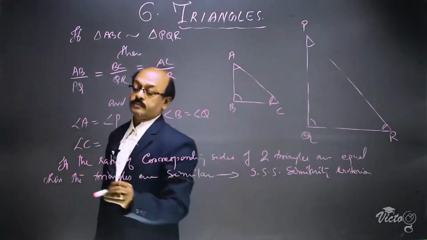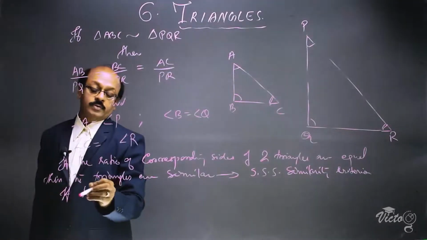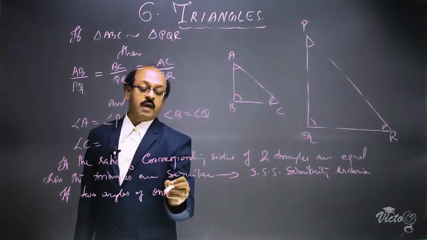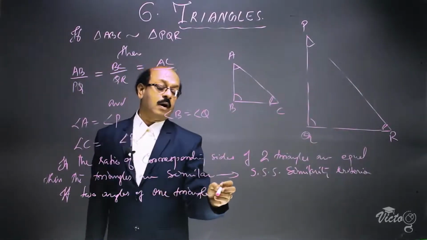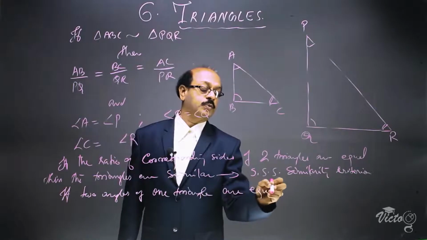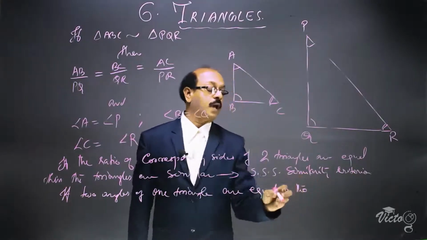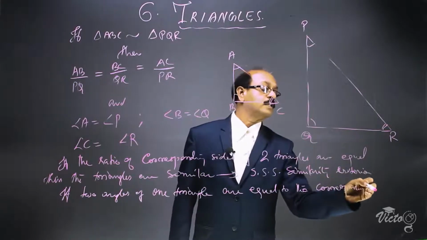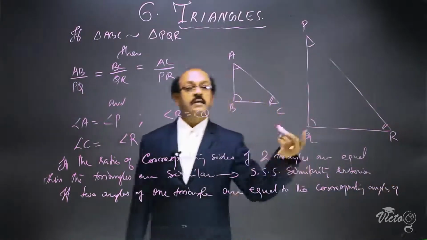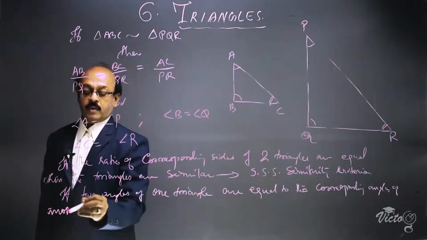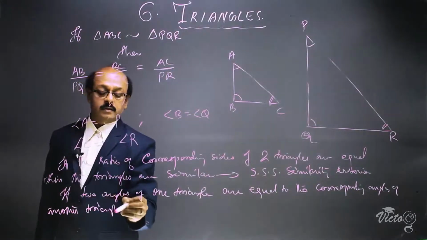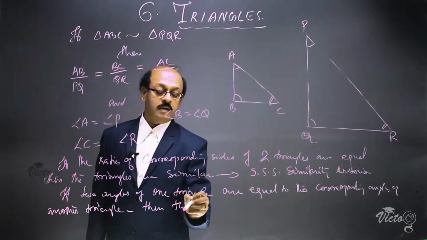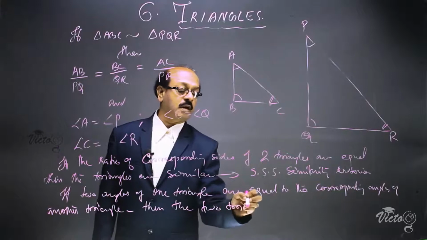And if two angles of one triangle are equal to the corresponding angles of another triangle, then the two triangles are similar.